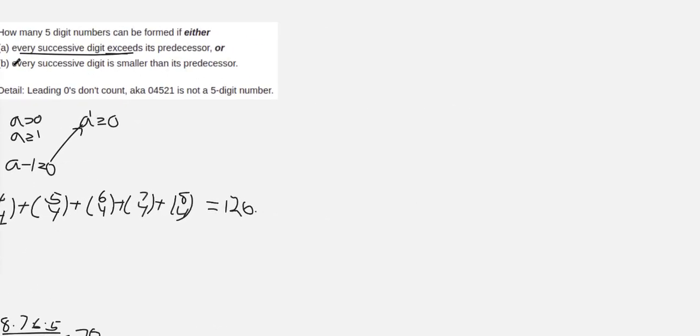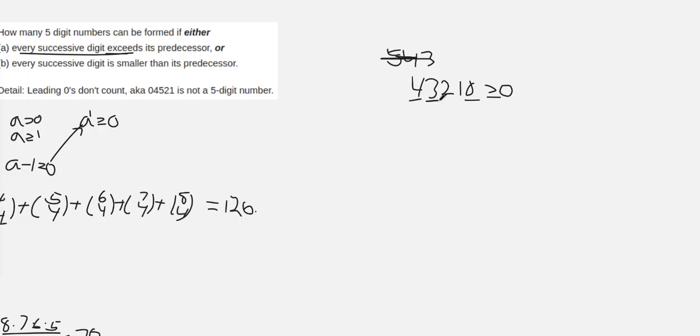So now we want to count the numbers where they are strictly decreasing. So that would be like 5, 4, 3, or not even, that wouldn't even be the smallest one. The smallest one would be like 4, 3, 2, 1, 0. Because now we can have a 0. And this is going to change things the way we count, but not a tremendous amount.